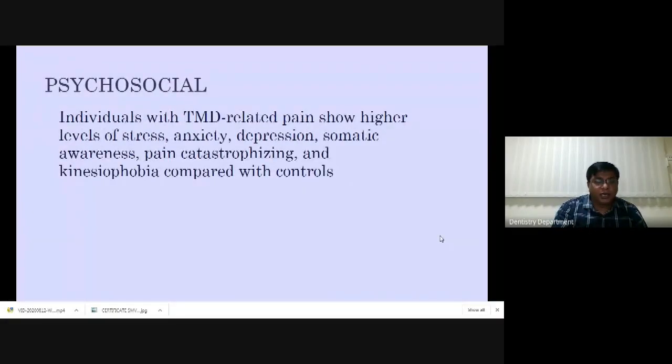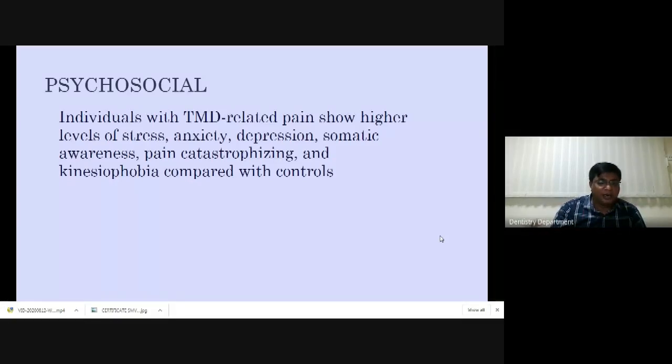As we discussed, psychosocial factors. Individuals with TMD-related pain show higher levels of stress, anxiety, depression, somatic awareness, pain catastrophizing, and kinesiophobia compared with controls. This has been established. Many times, young females have this kind of pain. We immediately ask two things.